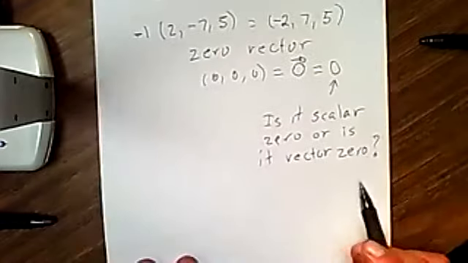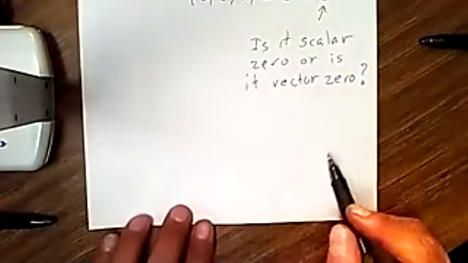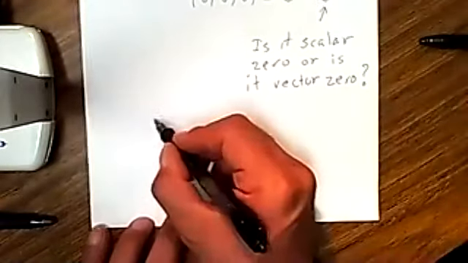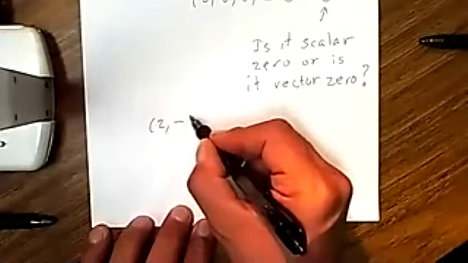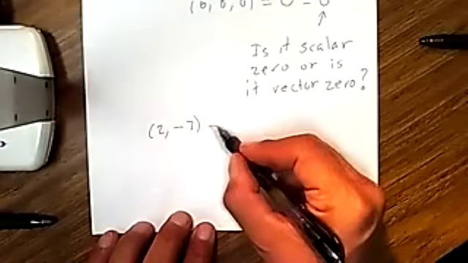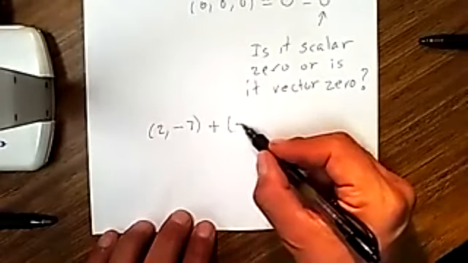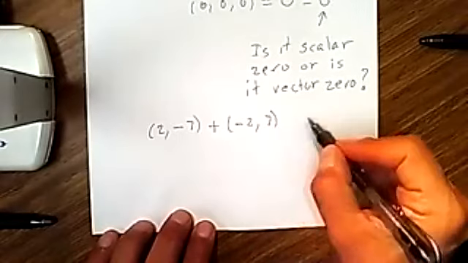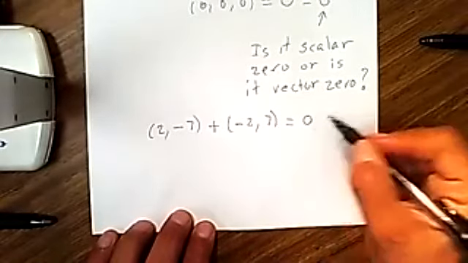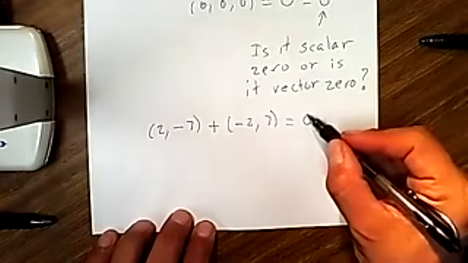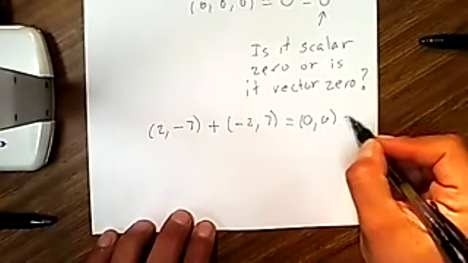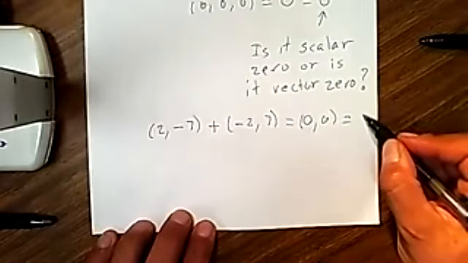So let's say you have the vector 2, -7, and we add its opposite, which would be -2, 7, we end up with a vector 0. Technically speaking, we can rewrite it as 0, 0, but oftentimes we write this as simply 0.